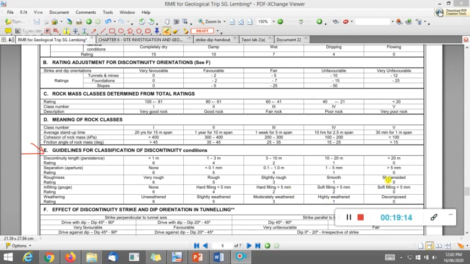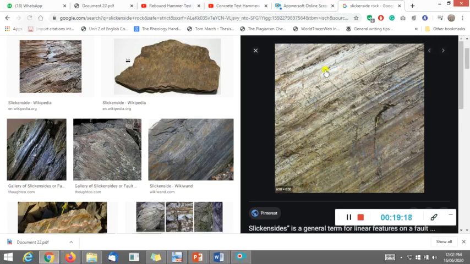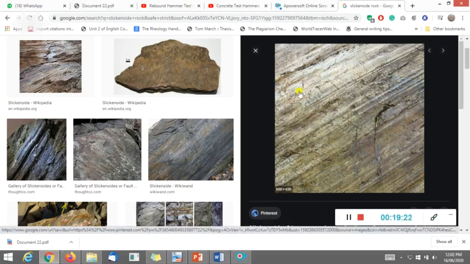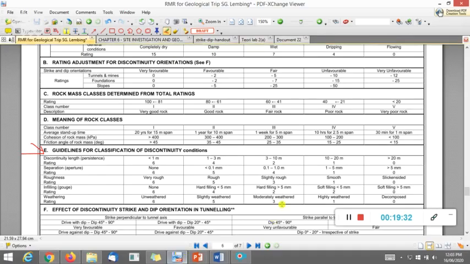And then slickensided. What is the meaning of slickensided for roughness? Actually slickensided is like this. This is what we call the linear line, or jalur in Malay. So if there is slickensided, you just give the rating 0.